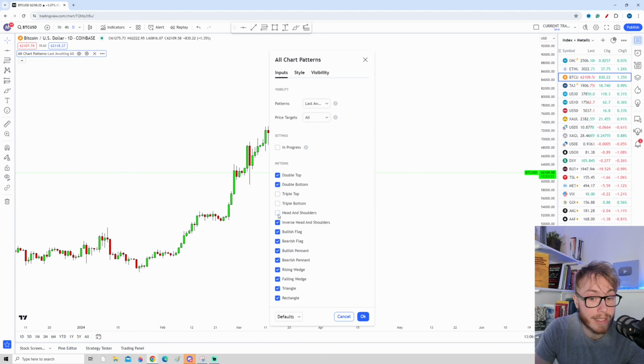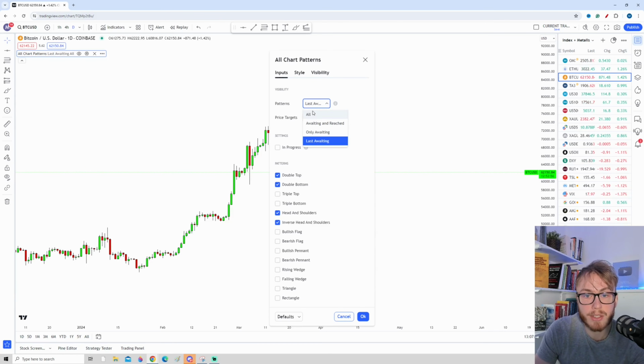You might be interested in head and shoulders and inverse head and shoulders, but not in bull flags. So here you can basically choose depending on your trading strategy. Perhaps you're focusing on only continuation patterns or on only reversal patterns. So you might choose all of the reversal patterns or all of the continuation patterns, and so on and so on. So here you can choose any patterns that you want this indicator to automatically identify.